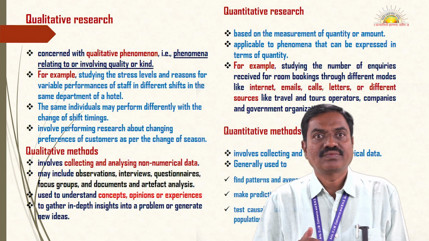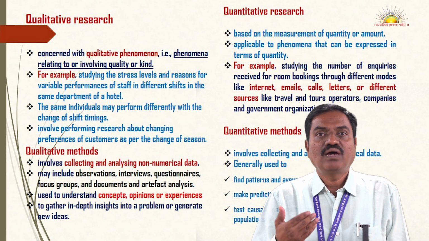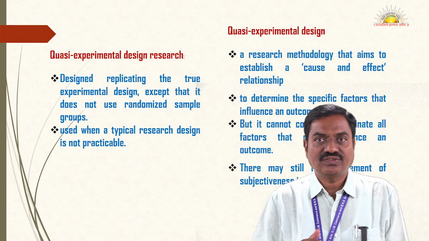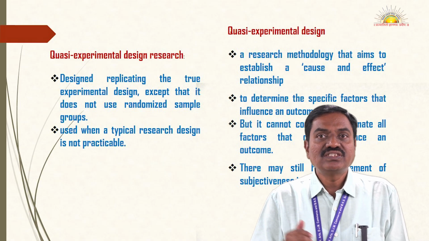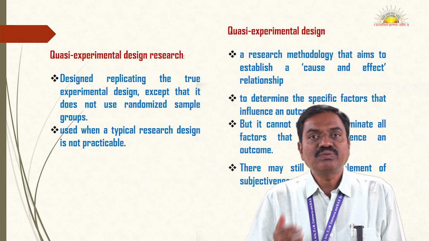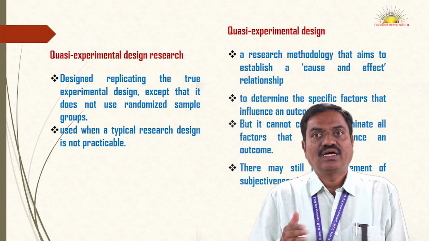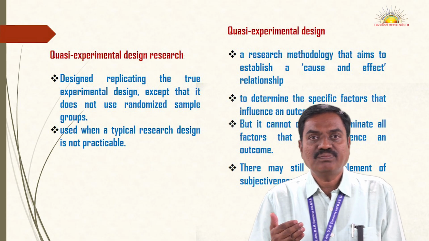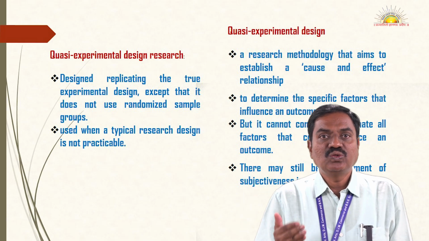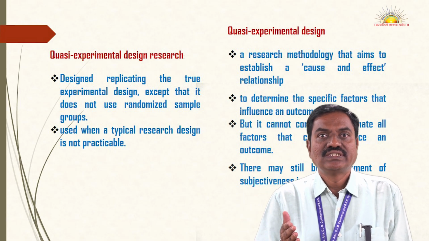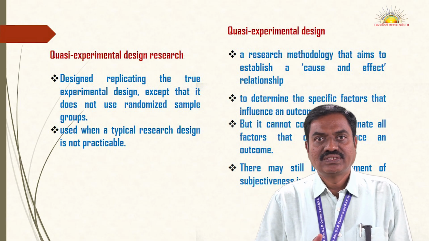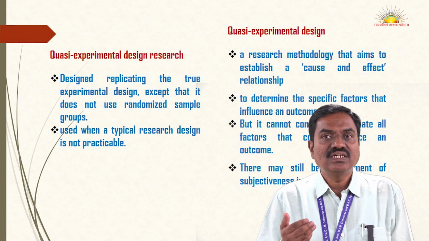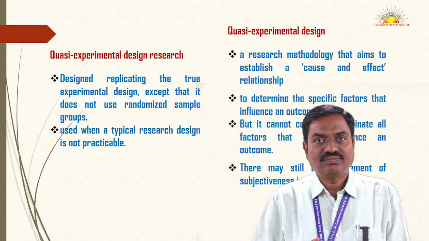The next term that I am going to talk about here is quasi-experimental design research. As the name suggests, such an experiment is designed replicating the true experimental design, except that it does not use randomized sample groups. It is used when a typical research design is not practicable.